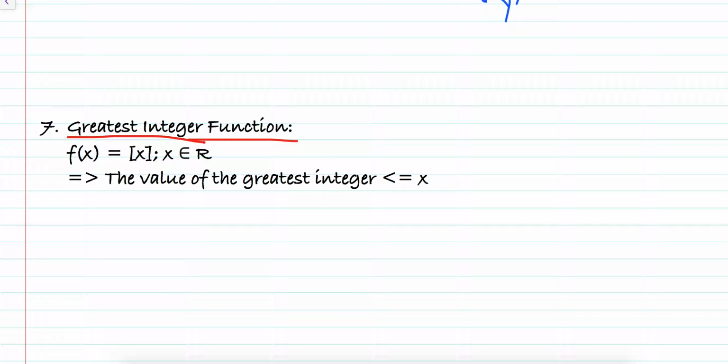So that's why it's called the greatest integer function. We will take an example. If x is 1.5, so this is our x, this is f(x).